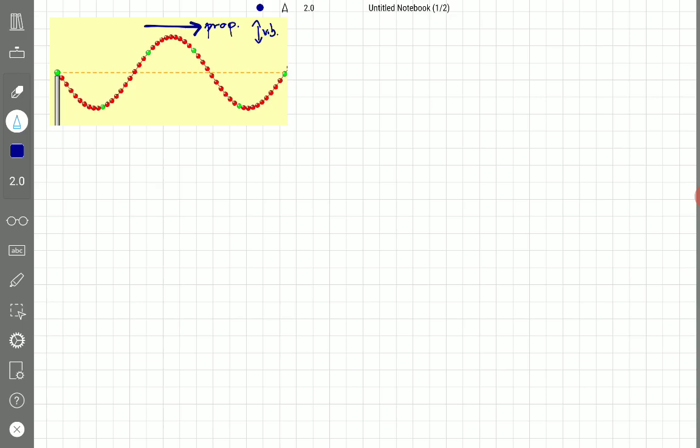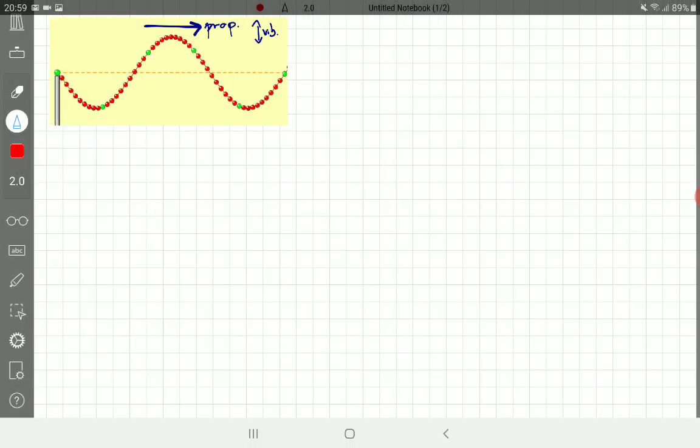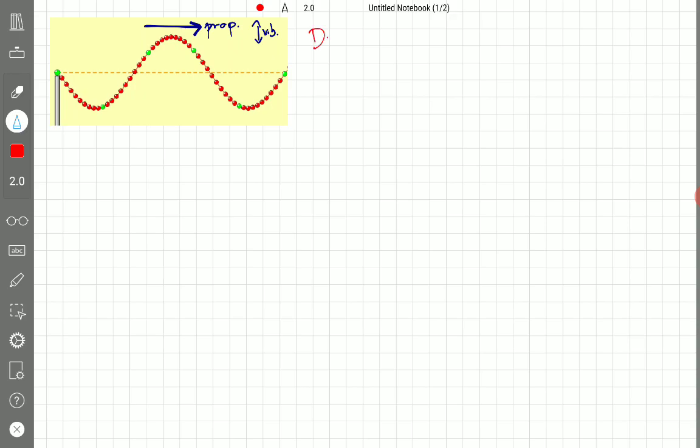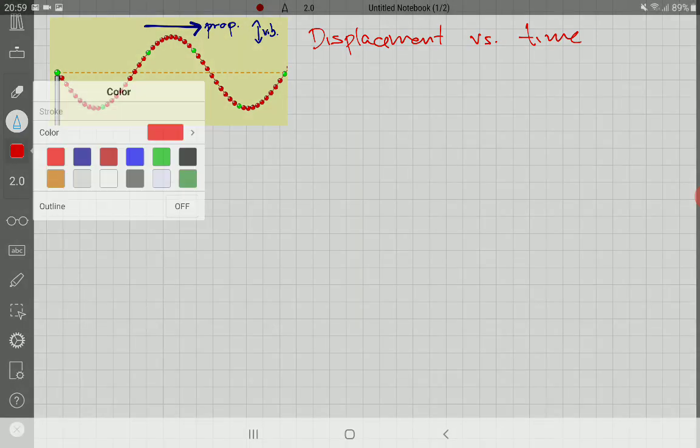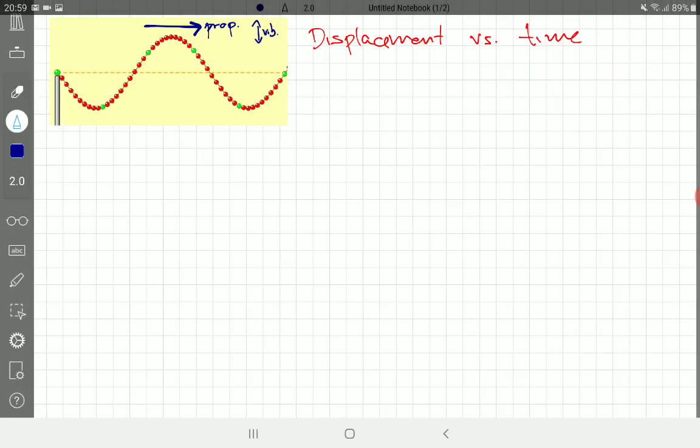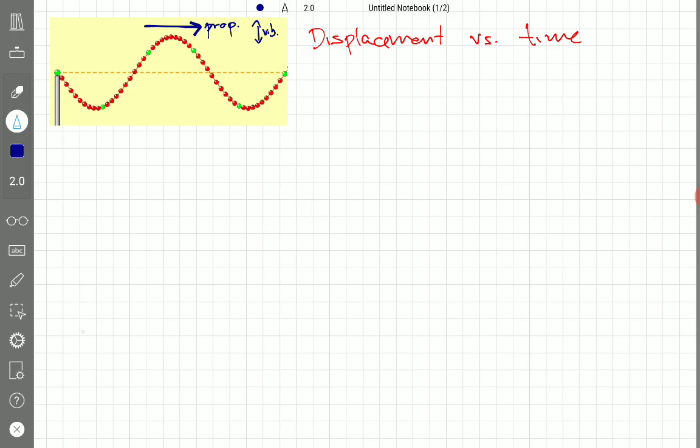The first type of graph that we're going to look at is the displacement versus time graph. Now, what exactly is a displacement versus time graph? Well, it's a graph where on the vertical axis you're going to have the displacement, and in the horizontal axis you're going to have the time, right?